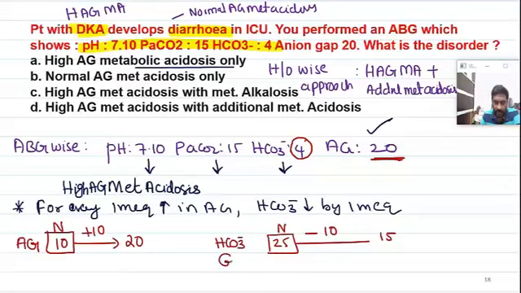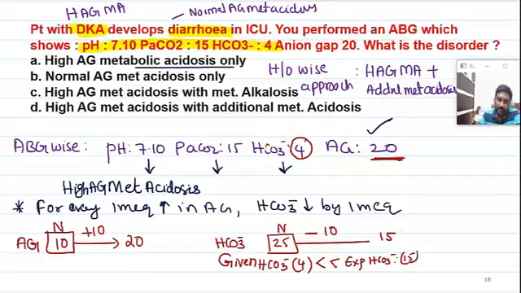So here, the given bicarbonate in the question, 4, is very much less than the expected bicarbonate, that is 15. If it was a single high anion gap metabolic acidosis, bicarbonate should have been at 15. But there was some other pathology decreasing the bicarbonate to 4.